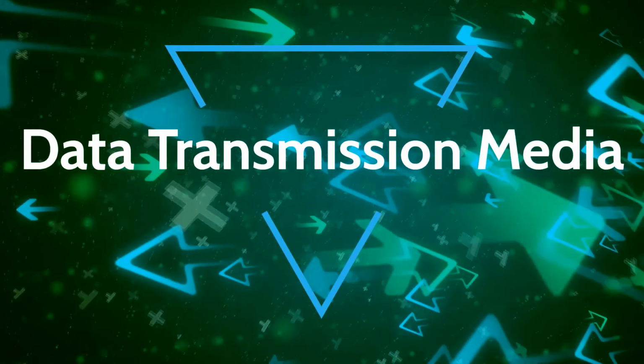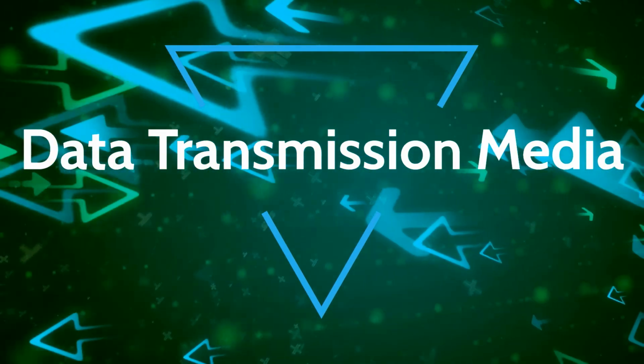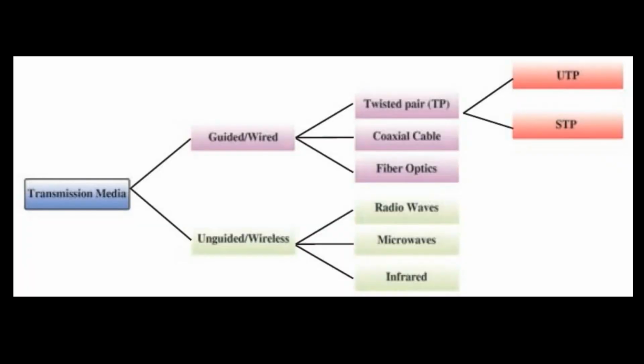Let's learn about the data transmission media. As given in the diagram, transmission media can be mainly categorized into two, as guided or wired media and unguided and wireless media.